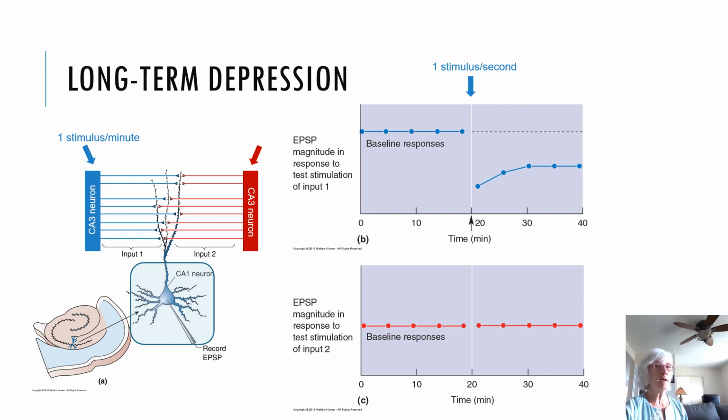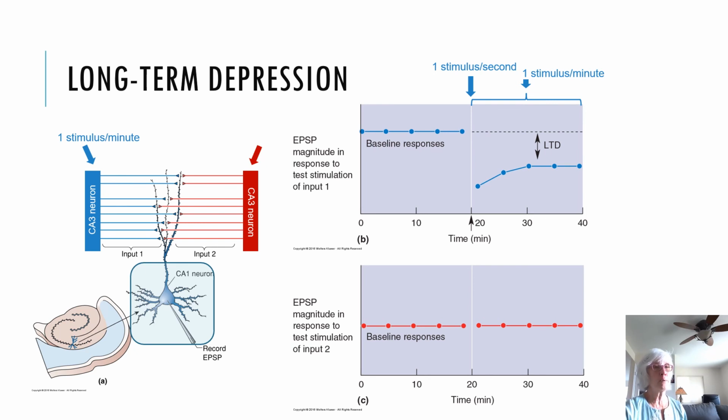After that weak stimulus, we'll return to that 1 stimulus per minute, but in response to that series of weak stimuli, or very infrequent stimuli, we have a less than 100% EPSP, less than baseline, and we call this long-term depression.